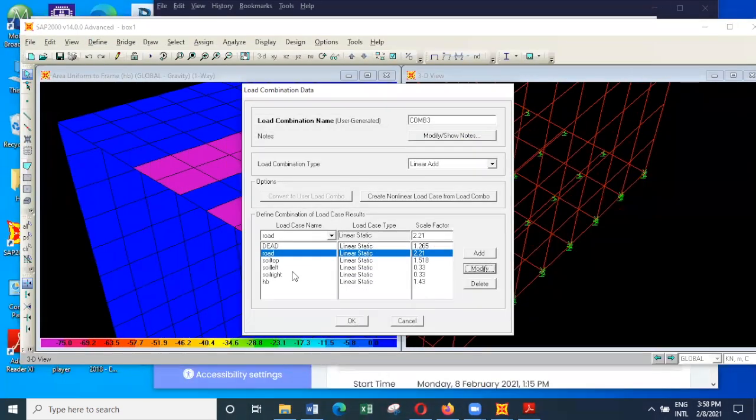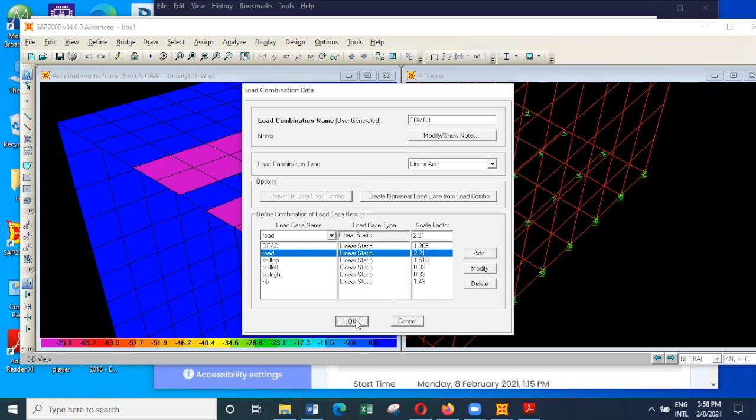So here you can see soil left and soil right, I have multiplied by 0.33, but soil road and soil above kept at a maximum value. So as HB loading. So this is a case where anything from above is maximum, anything from sides is minimum.